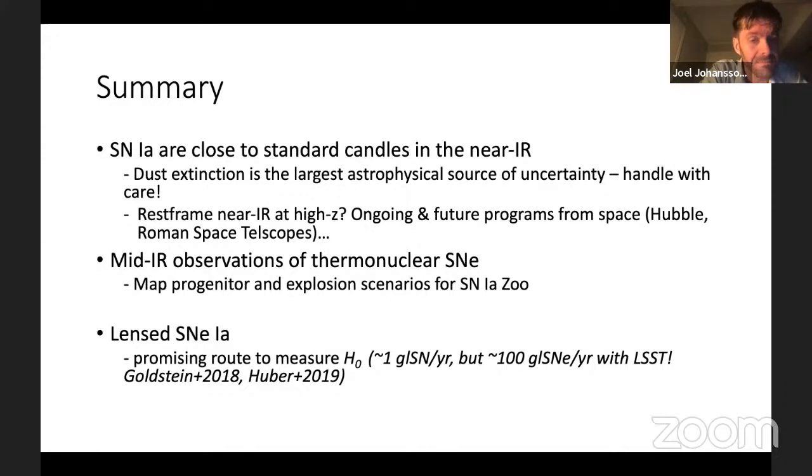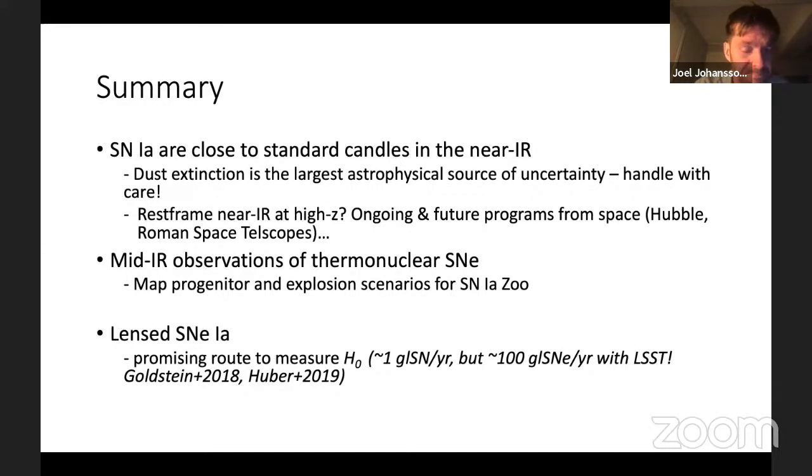And in the future, there are already ongoing programs to do rest-frame infrared Hubble diagrams with the Hubble Space Telescope. But this will be great with the upcoming Roman Space Telescope.